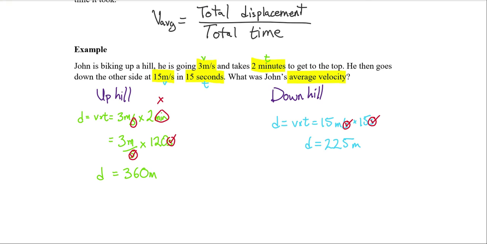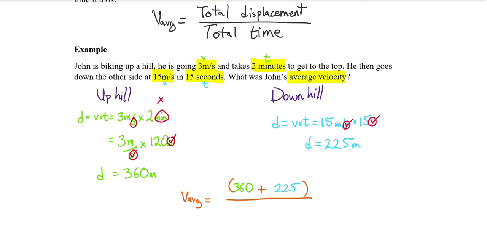Now, we're not actually done the problem, and we can't just add them together. We see our formula up here at the top says that average velocity is the total displacement over the total time. So if I want to find my average velocity, I've got to take my displacement from going uphill and add it to the displacement going downhill.